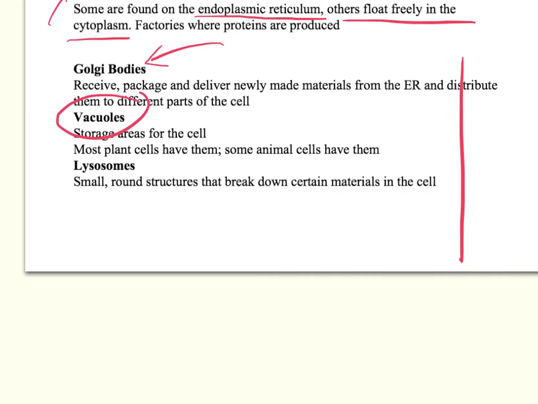Last but not least is lysosomes. Lysosomes are kind of like garbage disposals. You know how some sinks have a function where you can throw food in it and it crunches it up? It's the same thing. Lysosomes break down things that the cell doesn't need anymore, and they export it out of the cell.